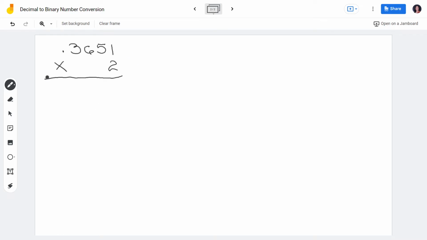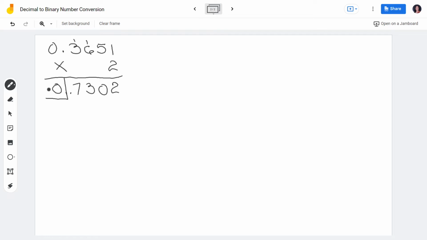So we have 2 times 1 is 2, and then 2 times 5 is 10. Carry 1, 2 times 6 is 12 plus 1, 13. And then 3 times 2 plus 1 is equal to 7. And then we have 0 here. Since this is 0, we have to separate the 0 here for our next multiplication by 2.